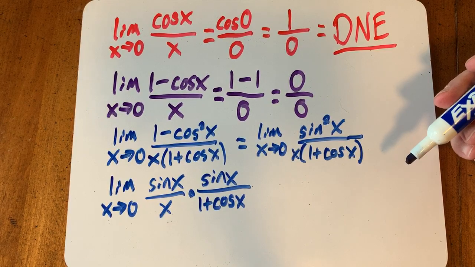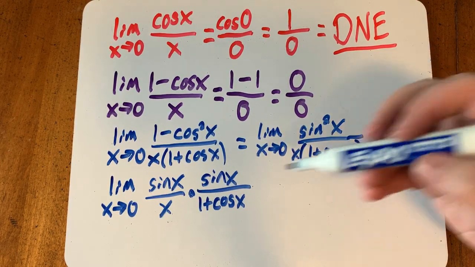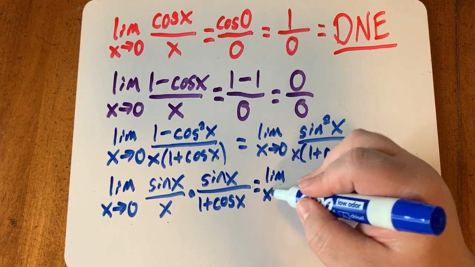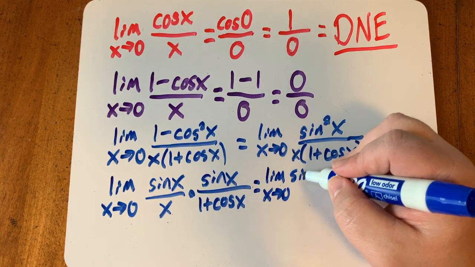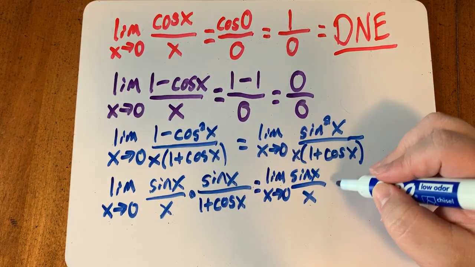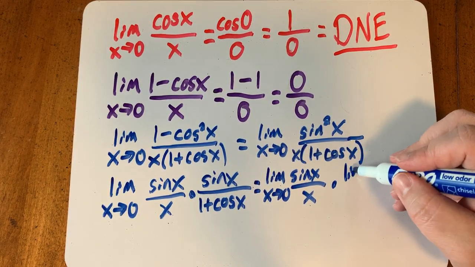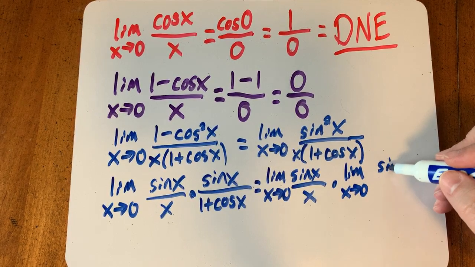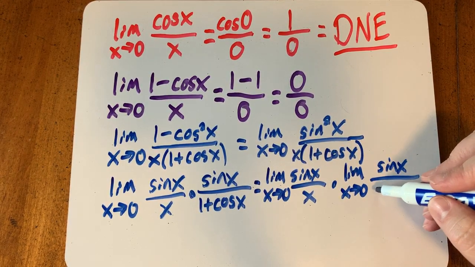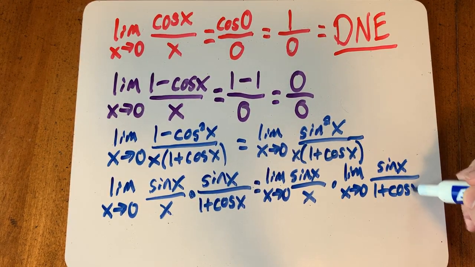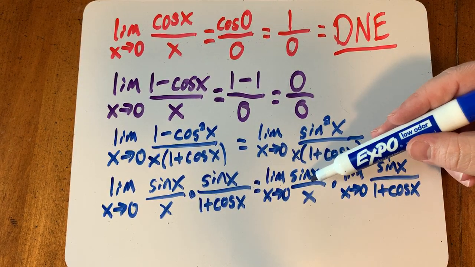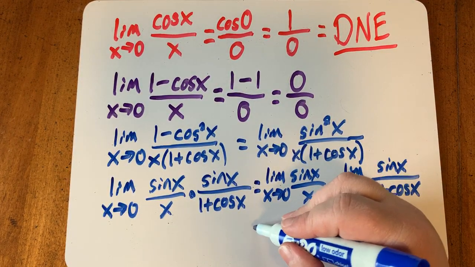And last week we determined that if you have the limit of a product, it's also the product of the limits. Wait a minute. We know that limit. That's just 1.